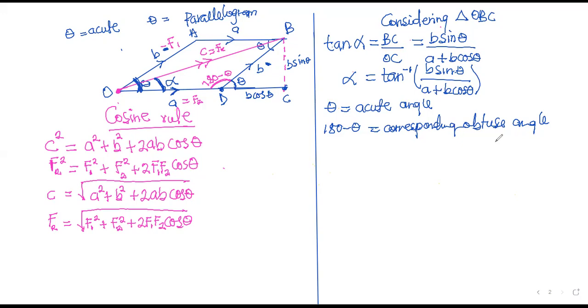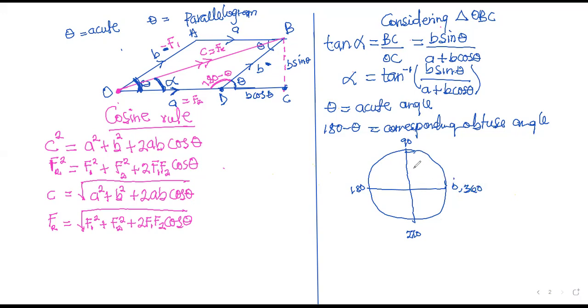Okay. Now, whenever you draw a circle and divide it into quadrants, there's the first quadrant from 0 to 90. 90 to 180 is the second quadrant. 180 to 270 is the third quadrant. The fourth quadrant is 270 to 360.